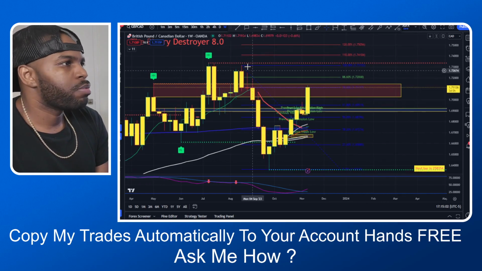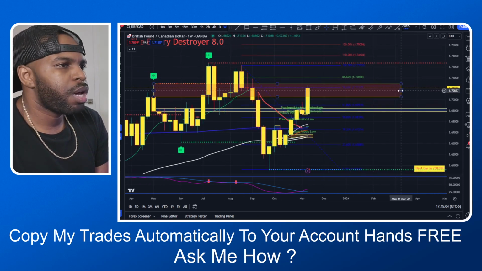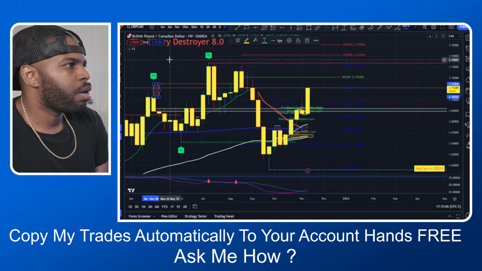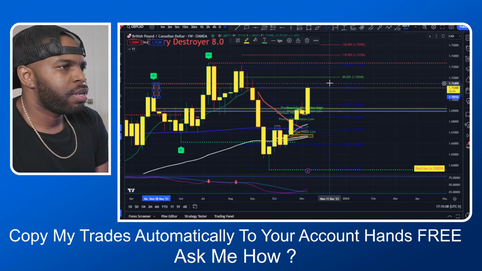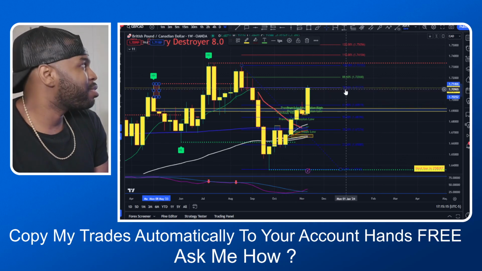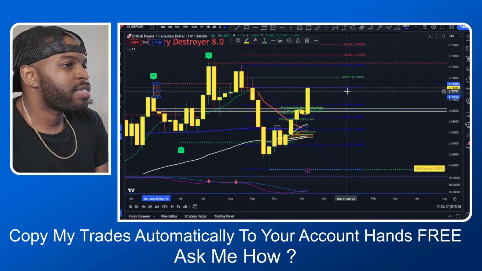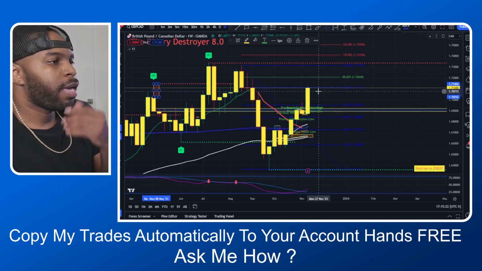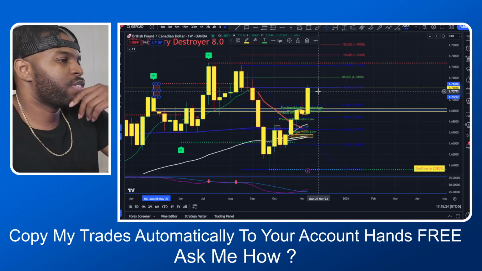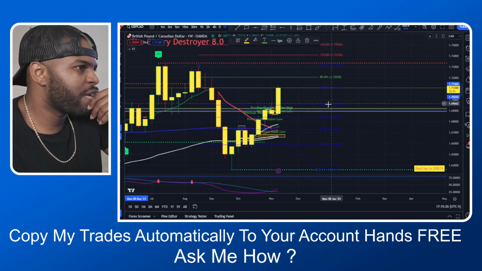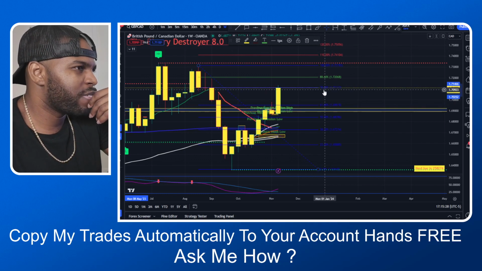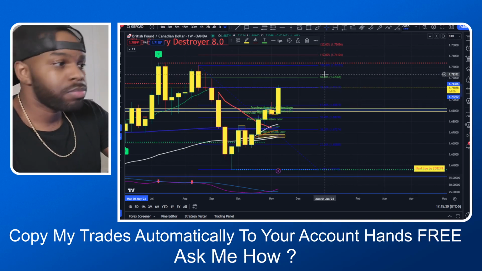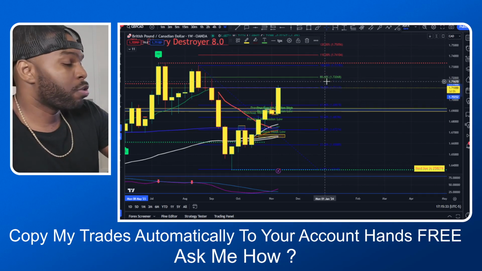Okay, so on the weekly, I'm looking at GBP CAD. I've got a Fibonacci retracement tool here, and price is directly at my 78.6 fib retracement level, and we're going to see how this plays out. 61.8, 78.6, and 88.6 are major price reversal zones.